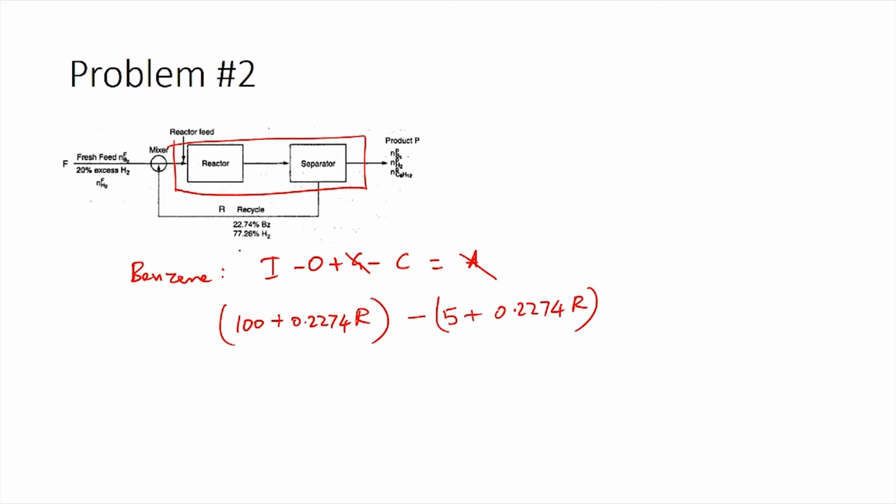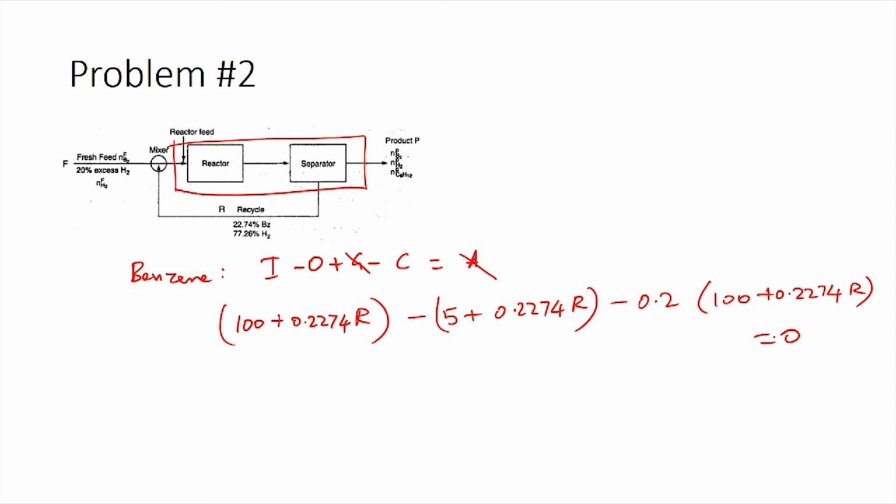Single pass conversion has been given as 20%. So, 20% of the benzene entering into the system would have been converted. So, using that we can calculate the consumption as 0.2 times the amount of benzene entering, which is 100 plus 0.2274 R. So, this is equal to 0.